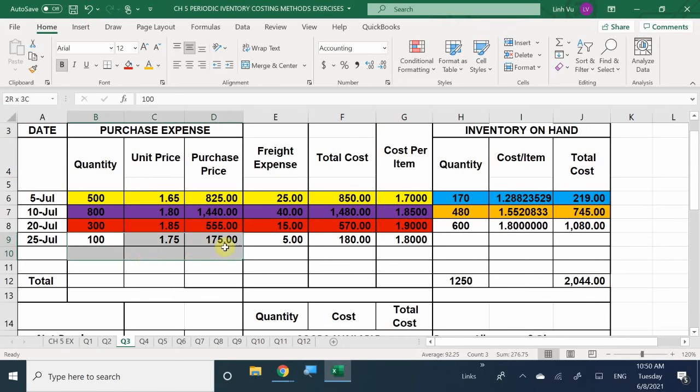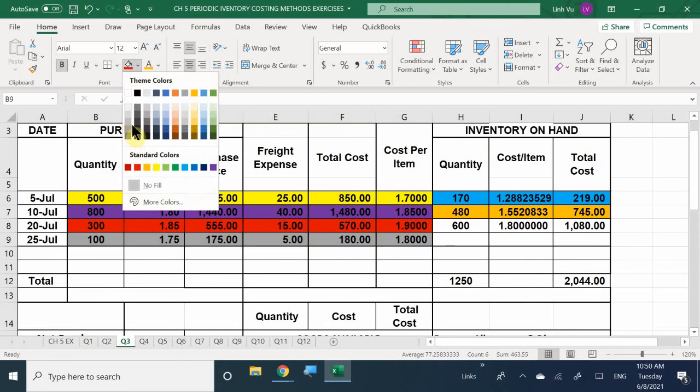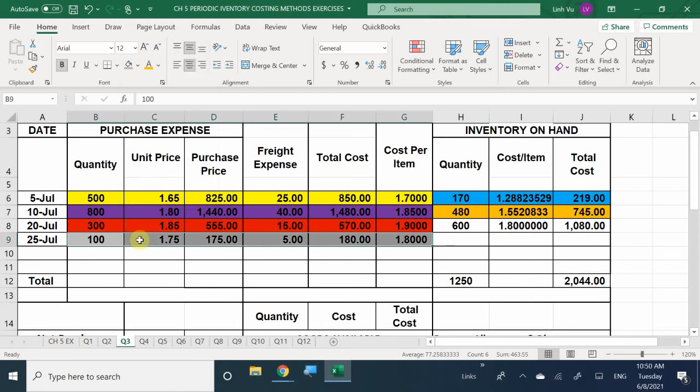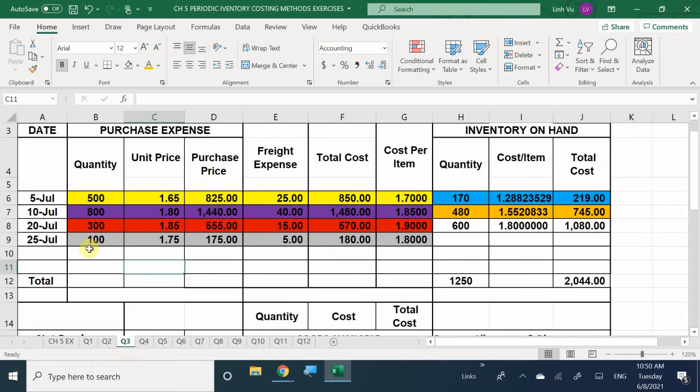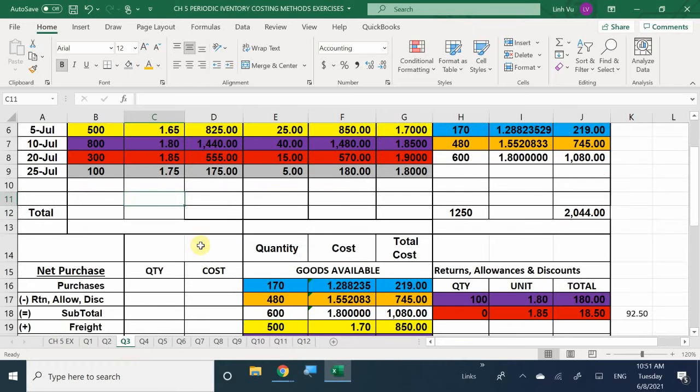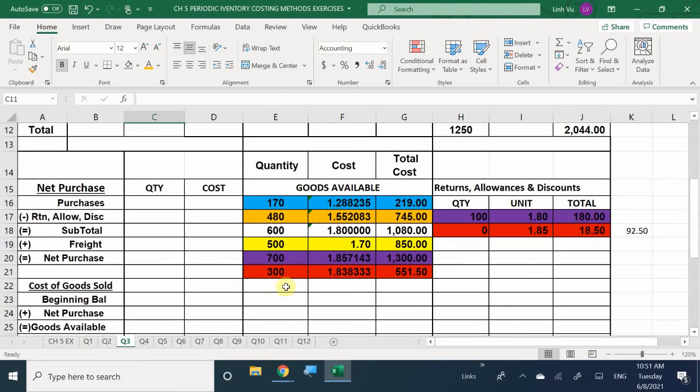$1.80. Okay. So in this case, I'm going to make this gray because I ran out of colors. All right. Now, of course, if I look in my scenario, I know that on July 31st, I have a total of 600 toys on hand. So therefore, that means no changes to this batch. So I'm going to carry it down into my goods available.